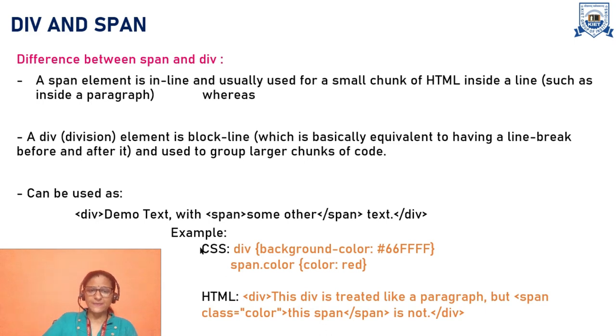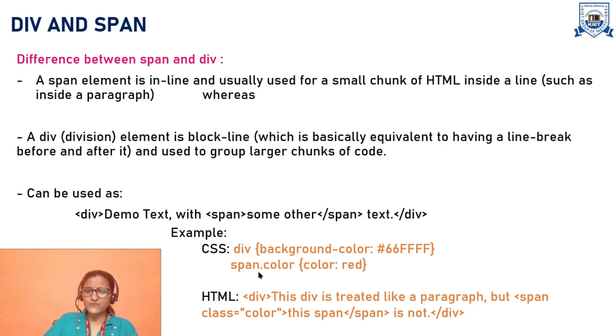Okay, then the example. In CSS, we have used the div background color and span dot color. We have defined the color red. So in HTML, when we are using the div, the div is treated like a paragraph, but you know very well, span is for a small amount. So it will give its effect.